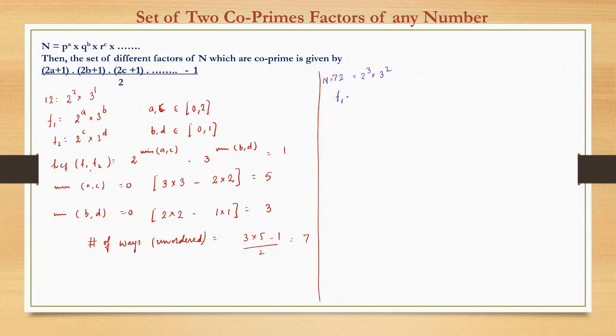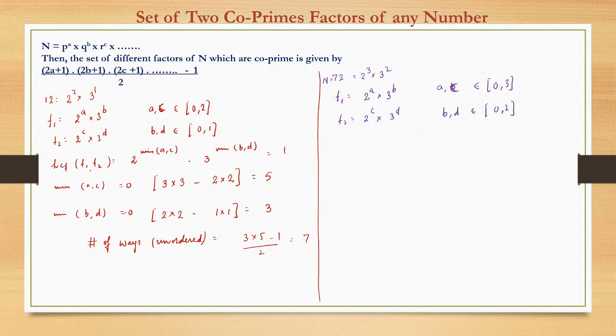So the first factor can take a generic value of 2 raised to power a into 3 raised to power b, and the second factor can take a value of 2 raised to power c into 3 raised to power d, where a comma c can take values from 0 to 3, and b comma d can take values from 0 to 2.